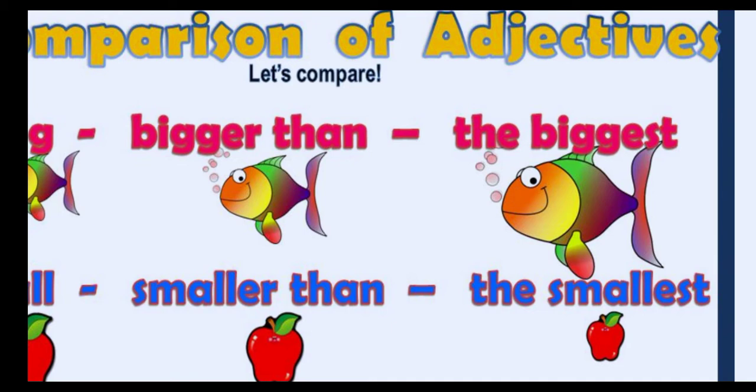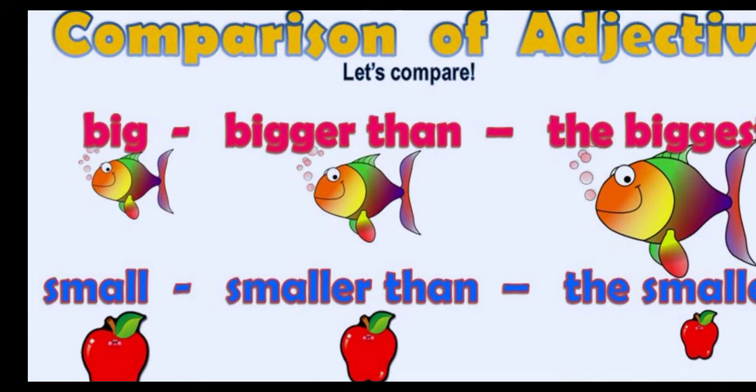You will be adding the in front of biggest. That means the superlative degree has to be preceded by the. Okay, the main word should be there, the should be added as a prefix. The same thing follows with the comparative part. In terms of the comparative degree, we always add than as a suffix.